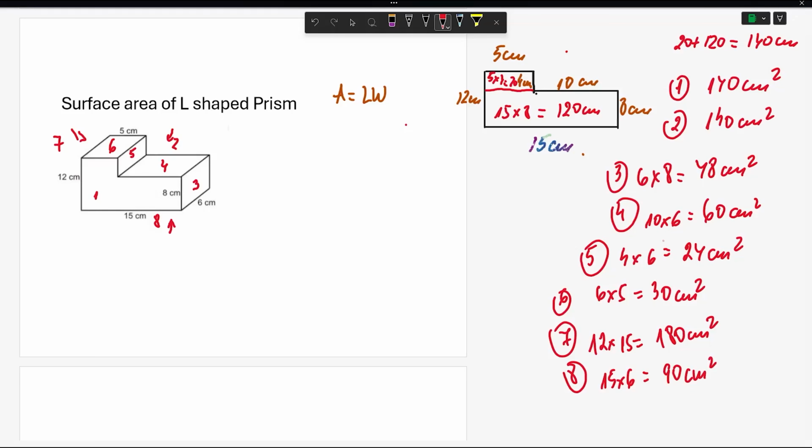So I have 140, then again 140, then I have 48, then I have 60, 24, 30, 180, and then the last one is 90. So my surface area is 712 centimeter square.